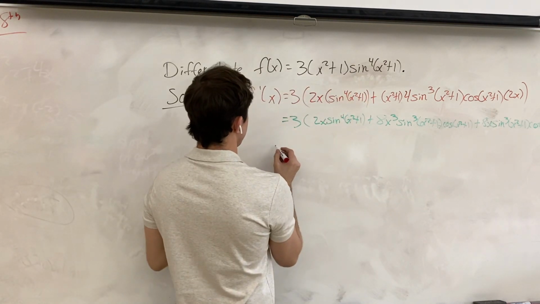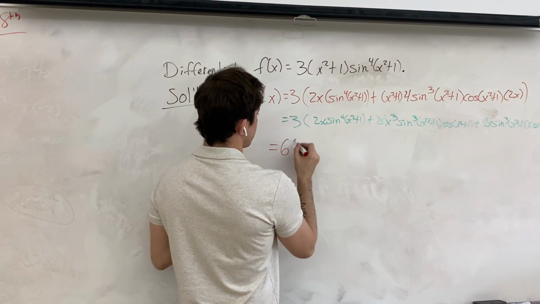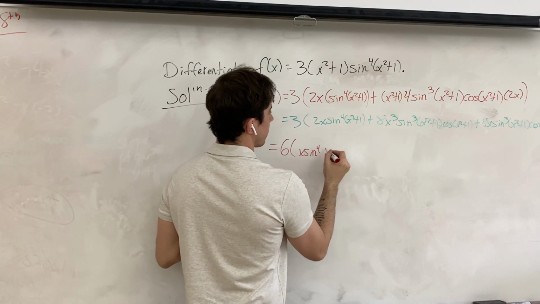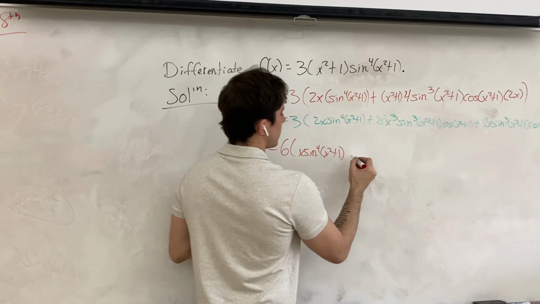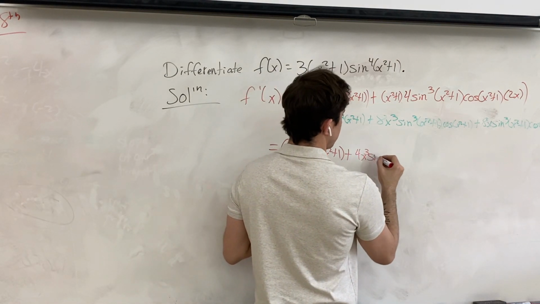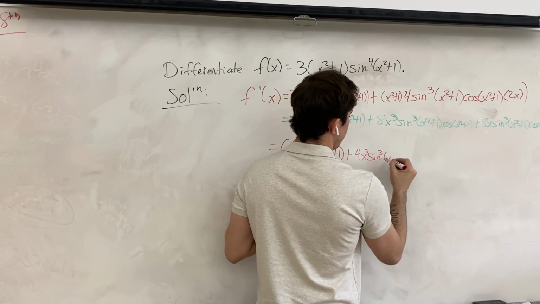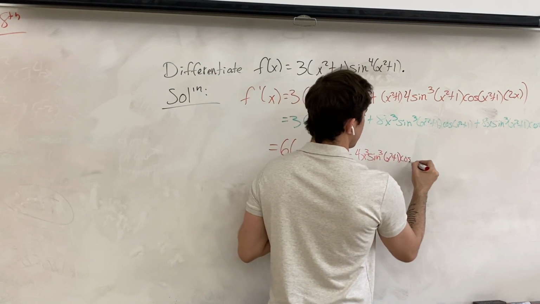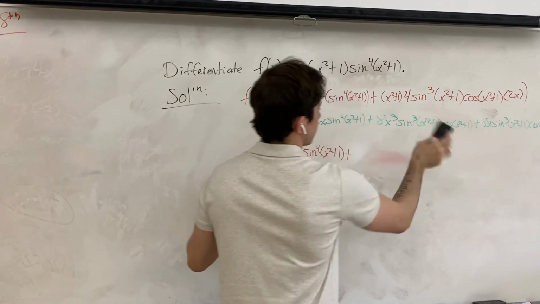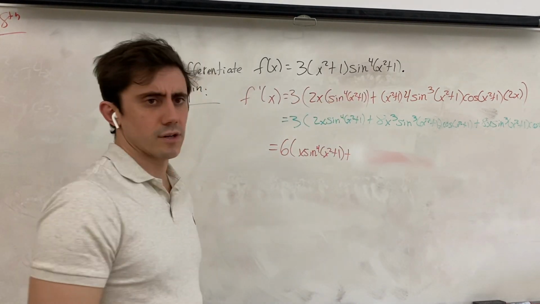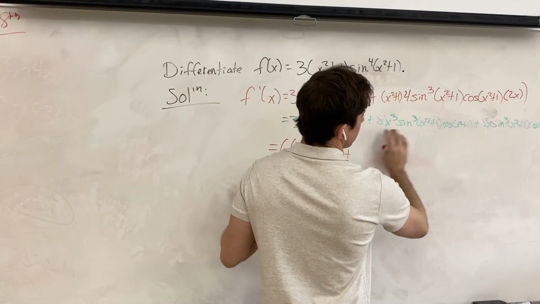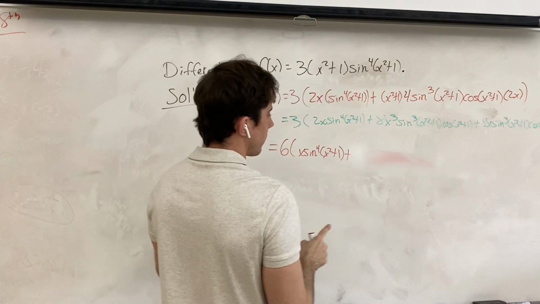And so to finish this off, we could write it as 6 bracket x sine to the power 4 of (x squared plus 1) plus 4x cubed sine cubed of (x squared plus 1) cos. You know what? I'm actually going to group that together. I don't love having to write those huge terms twice, so I'm going to group the 8x cubed and the 8x with the 2 factored out front, obviously.